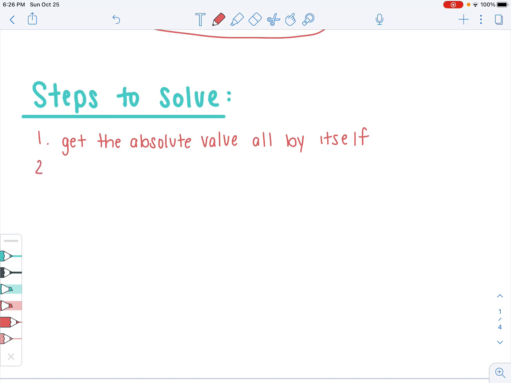Once we do that, we're going to write two equations, or two inequalities, I should say. The first inequality, we're going to leave exactly the way it was. We just won't put the absolute value bars in the inequality.